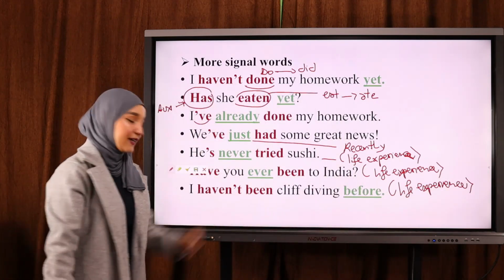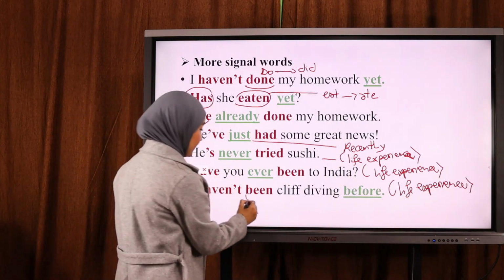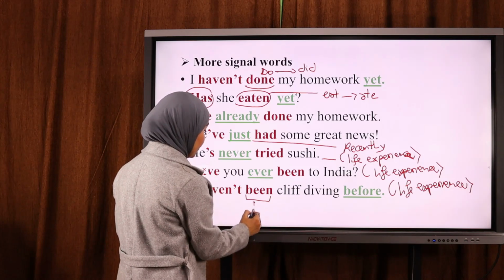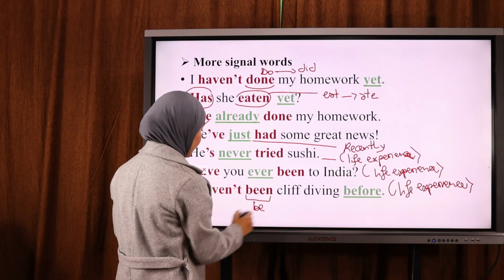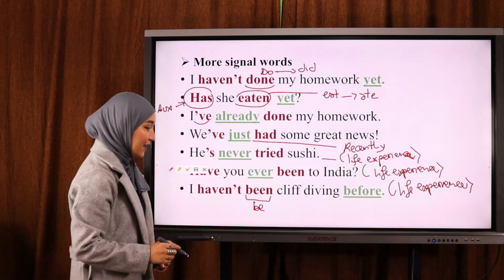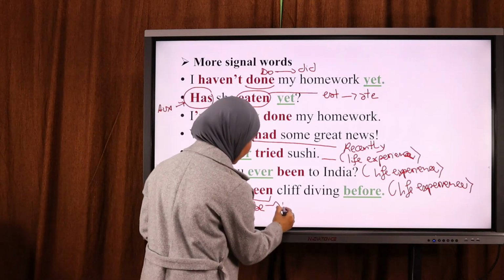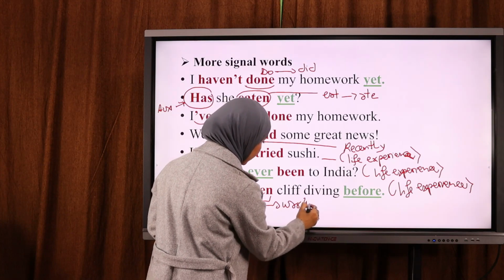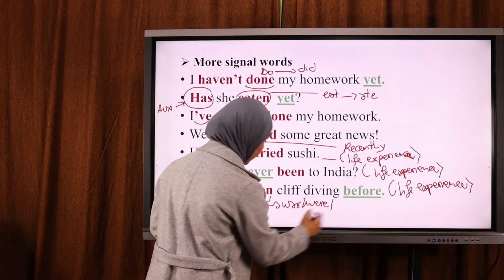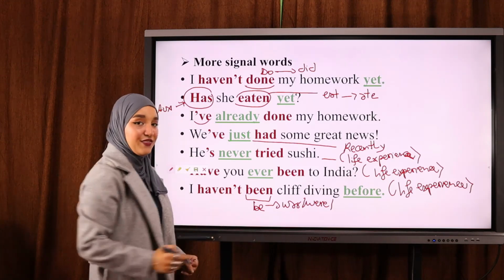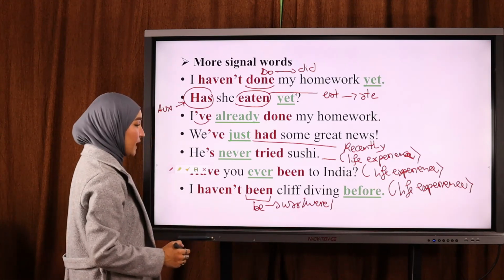I haven't been. So here my verb is to be. Okay, so I haven't been. So be in the past is was or were. في الماضي هو was or were. The past participle, been. Okay.